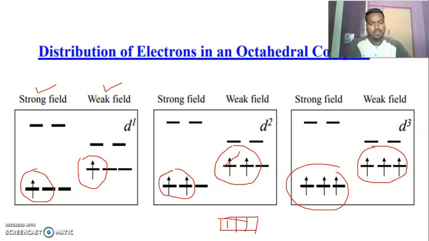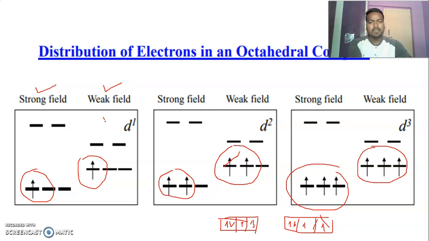Only when all the electrons are singly filled does the forcing start. So if there are 3 electrons, we cannot expect pairing like this. This is not possible. The 3 unpaired electrons are completely accommodated, then pairing starts in the presence of strong ligand.